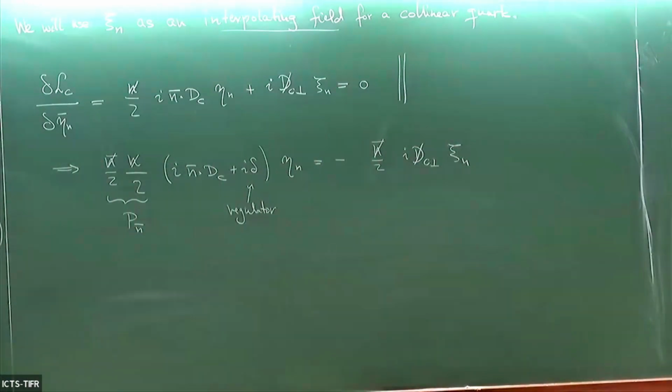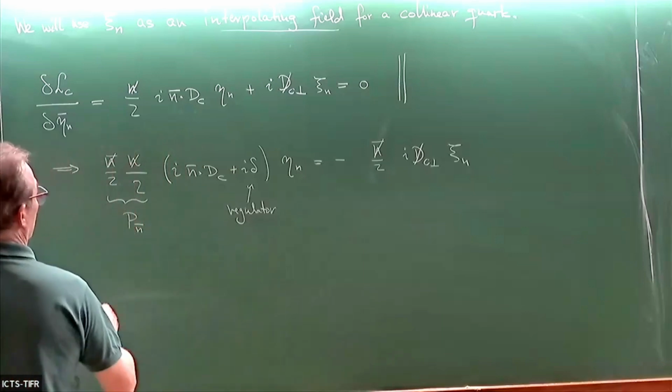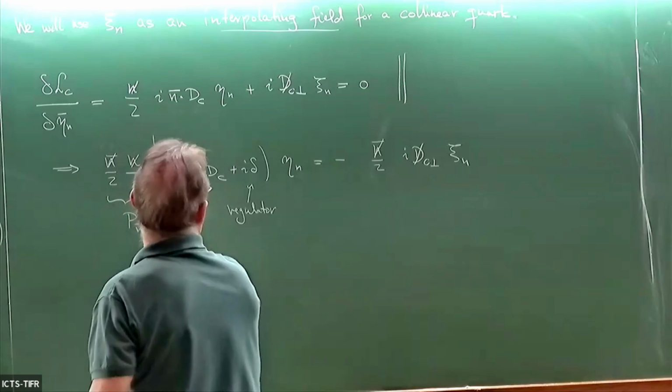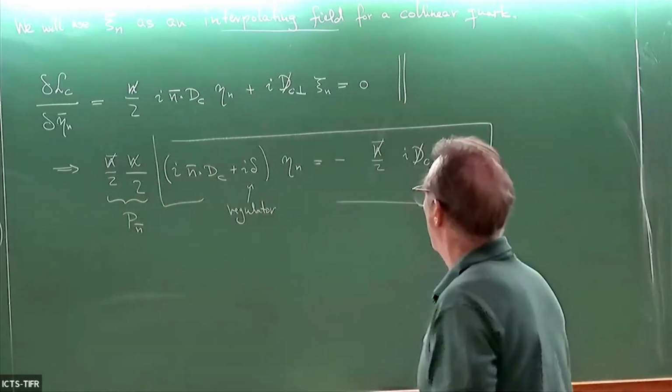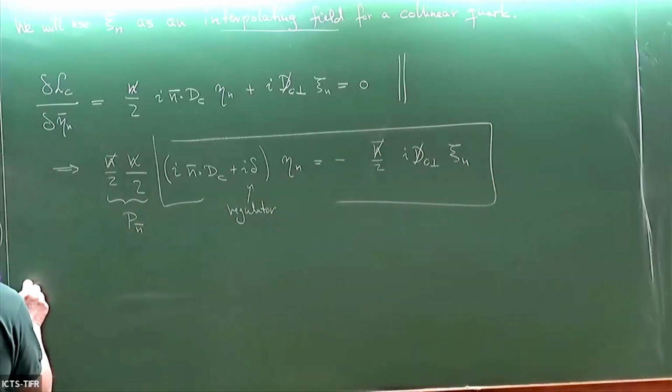And since P_n bar is a projector, I can apply it as many times as I want. It just projects always back on eta. So basically you can put this to 1 and you get the equation that this is equal to this. And now with the delta in place as a regulator, I will just solve for it.